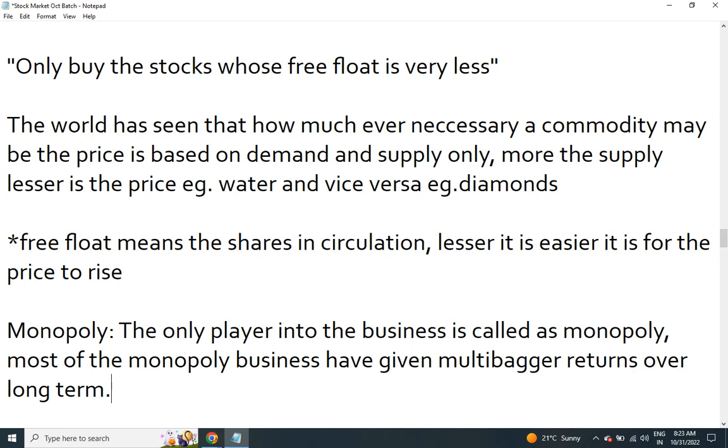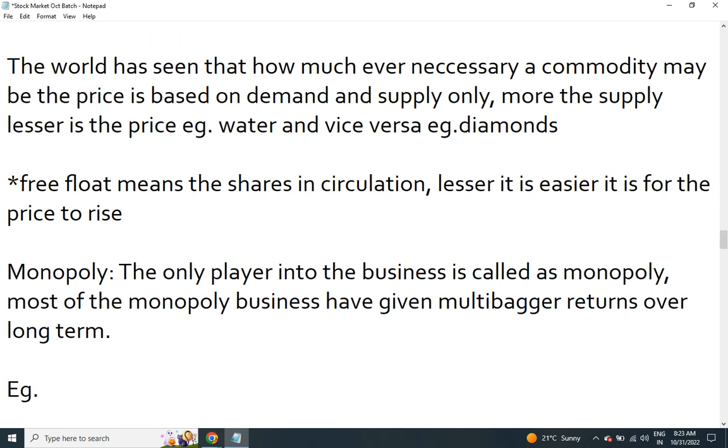An example I would say is Eicher Motors. That is your Bullet, Royal Enfield. Only monopoly, right? Bullet means he's the only player. Though so many other brands have come in the last 3-5 years, no one is able to match Royal Enfield.